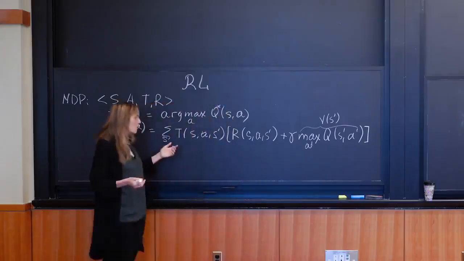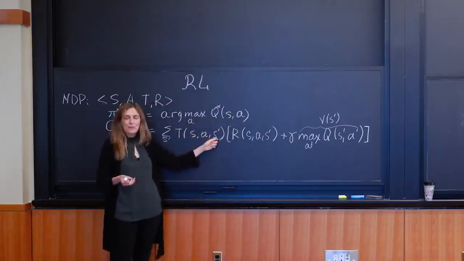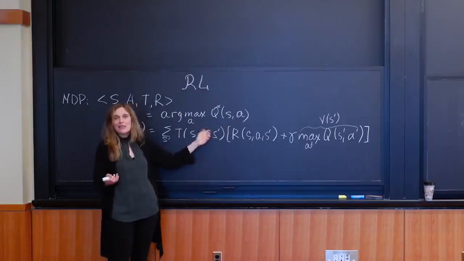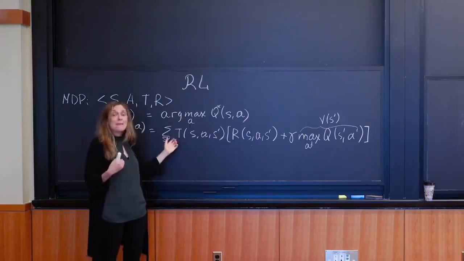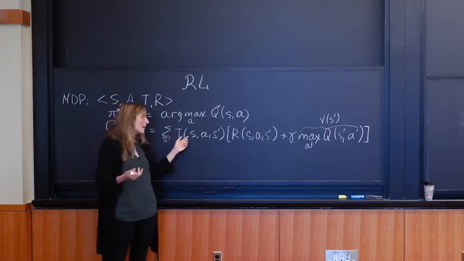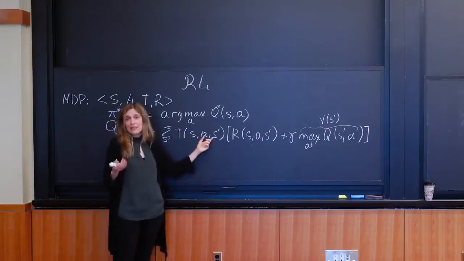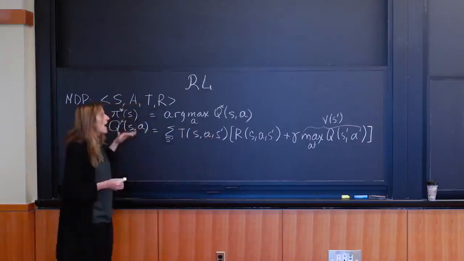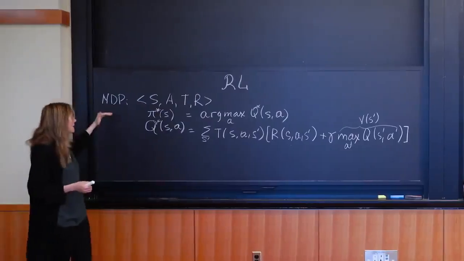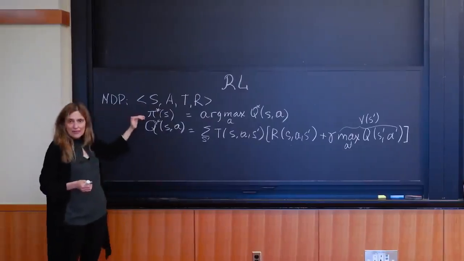And since we don't know in which state S prime we're going to end up, we are averaging over all these possible states, weighting by our likelihood that we are going to end up in a particular S prime. So here I described everything related to the Markov decision process.